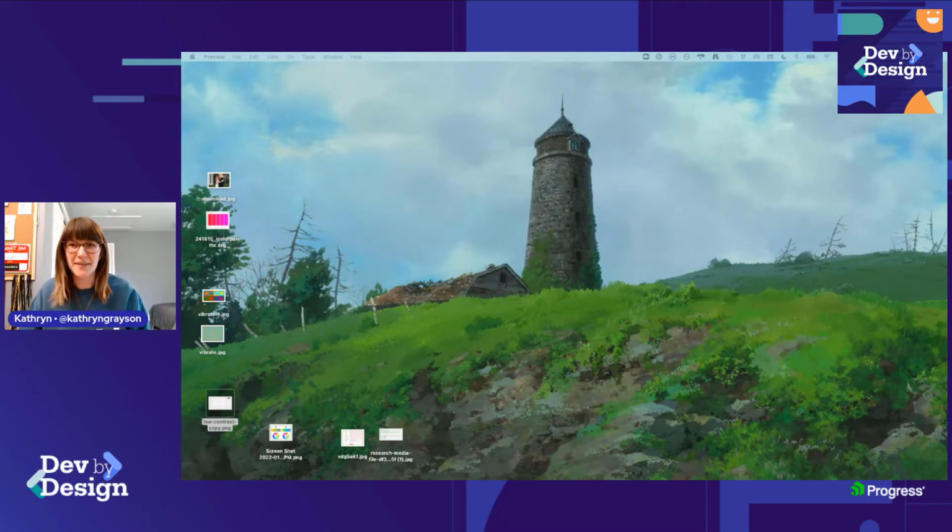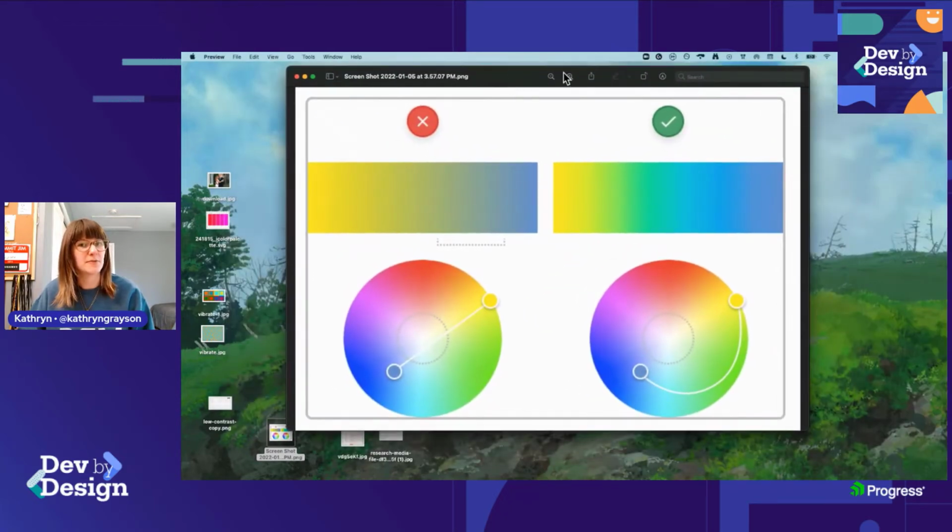For everyone else, we are checking in on common UI color mistakes. We talked about too many colors, colors that are almost the same, vibrating colors, and we just talked about really low contrast and not using enough colors. So another one that I want to call out is gradients that turn gray in the middle, right? And this is one that's much easier to understand with a visual example.